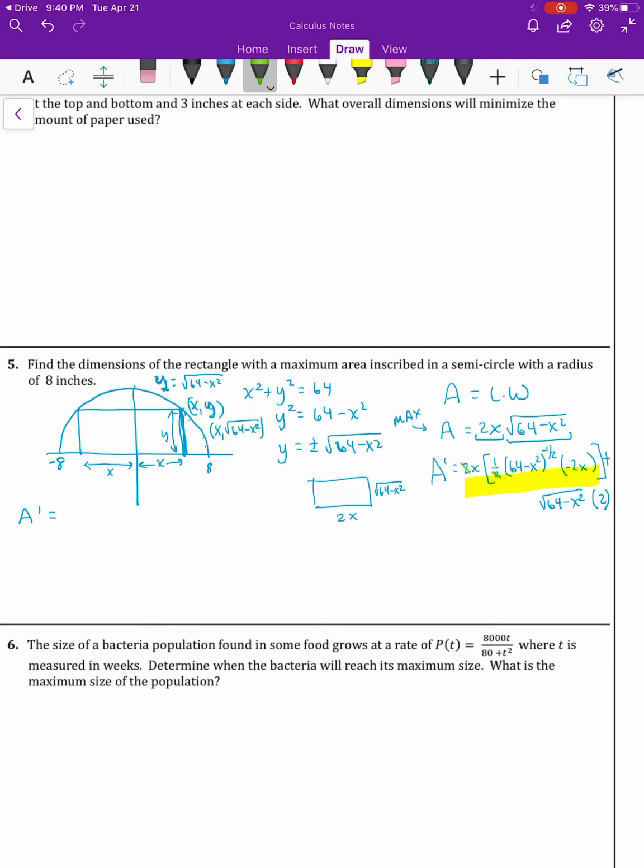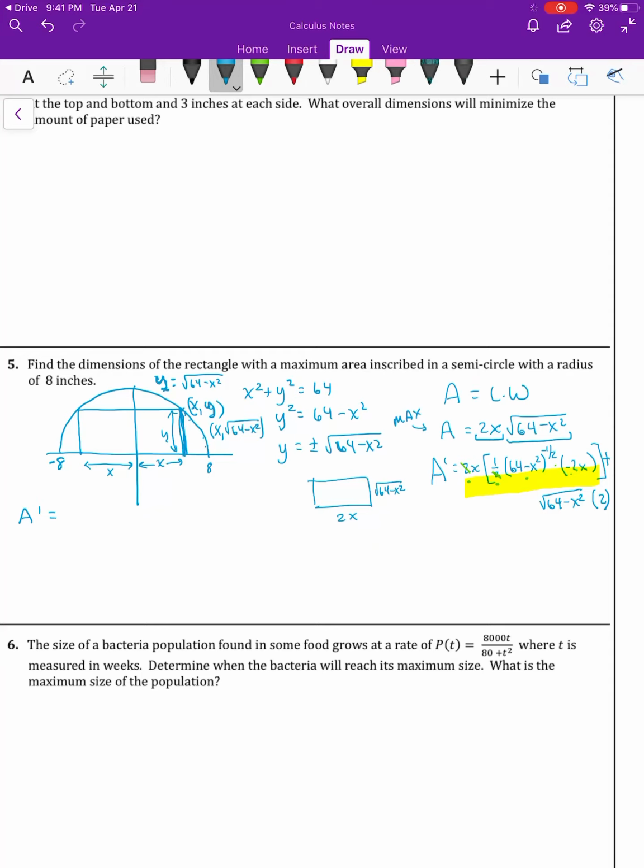I want you to notice that this whole thing is one term. So if I want to get rid of this 2 right down here, because let's say I just don't want that in the denominator, I can get rid of it with this, because that's multiplication, and this is also multiplication.